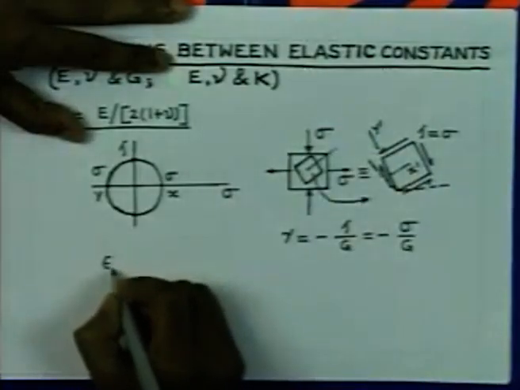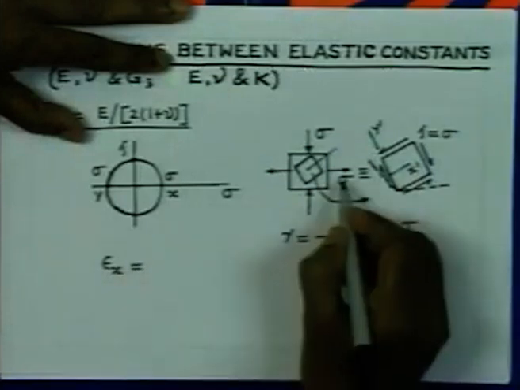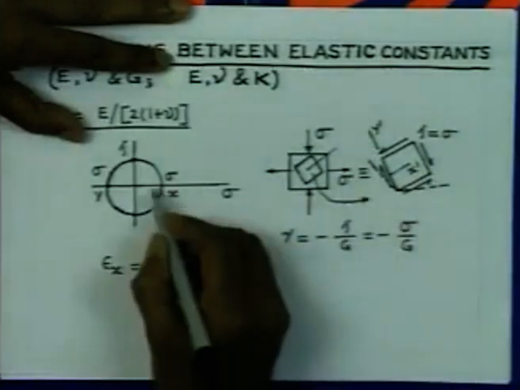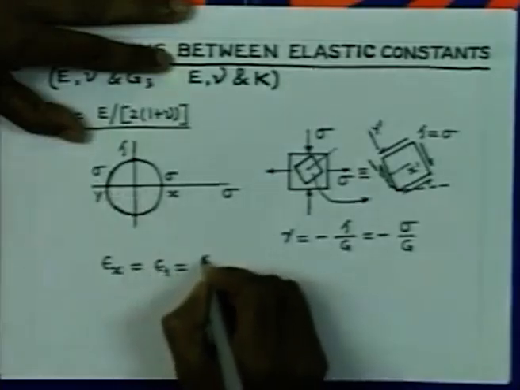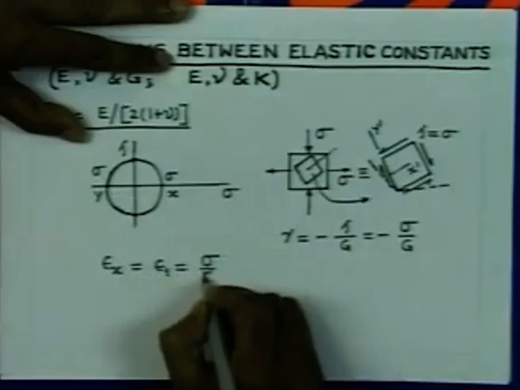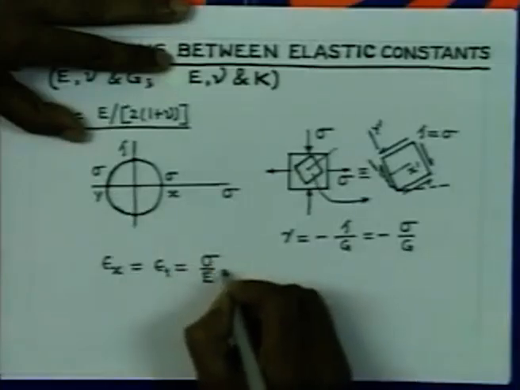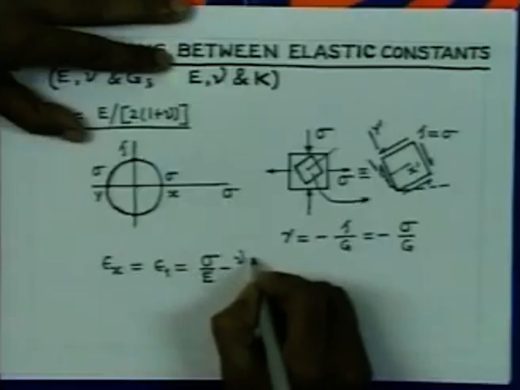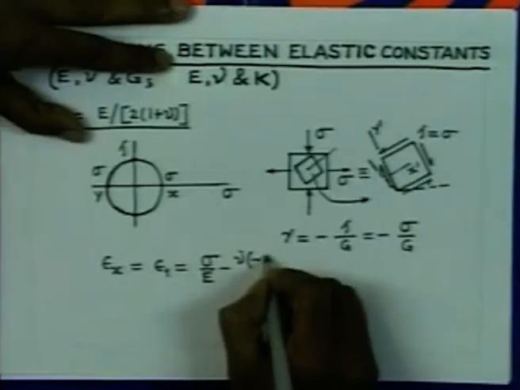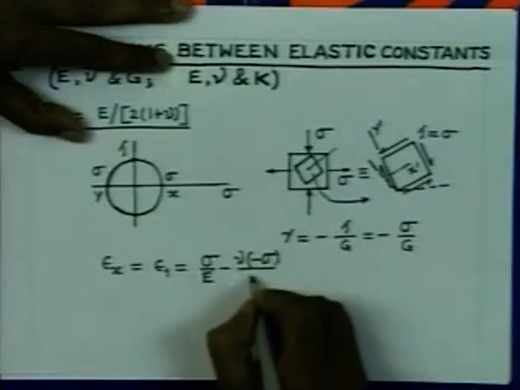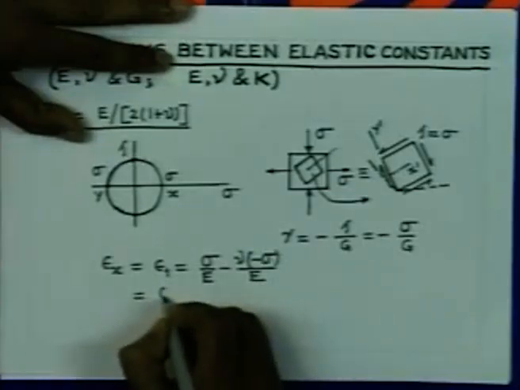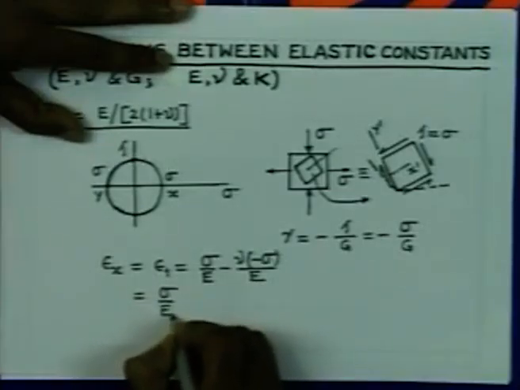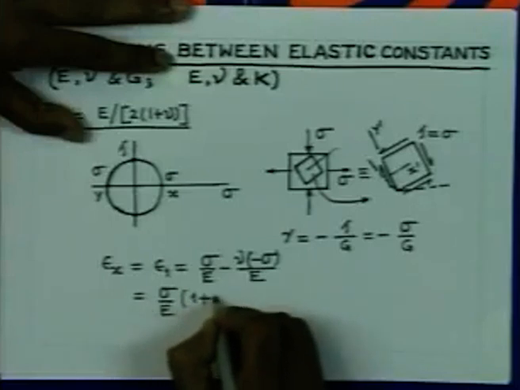Epsilon x, in this case this is the maximum principal stress, this is the minimum principal stress. So, this is epsilon 1, which is sigma by E minus nu times sigma y by E, and minus sigma y is minus sigma, therefore this is equal to sigma by E multiplied by 1 plus nu.